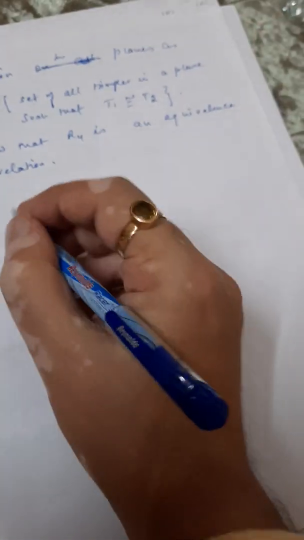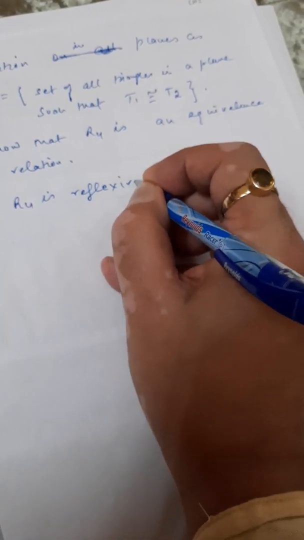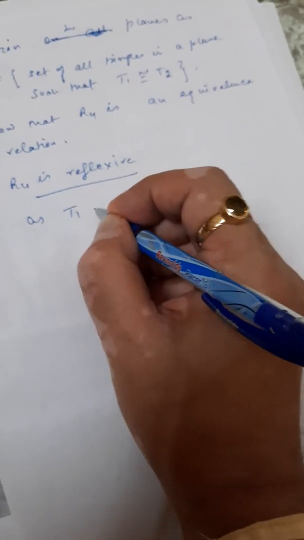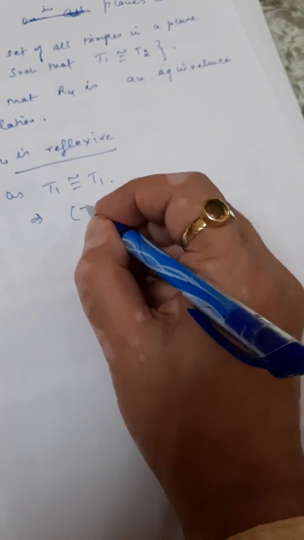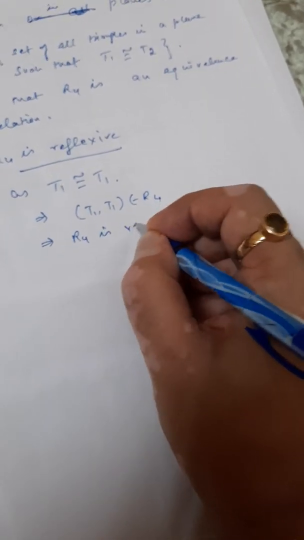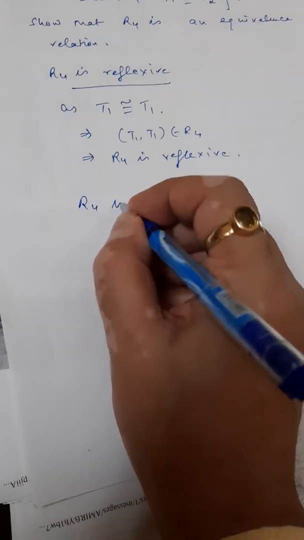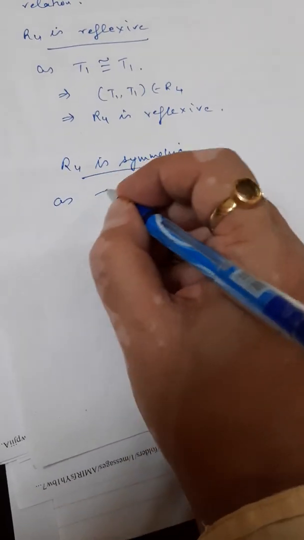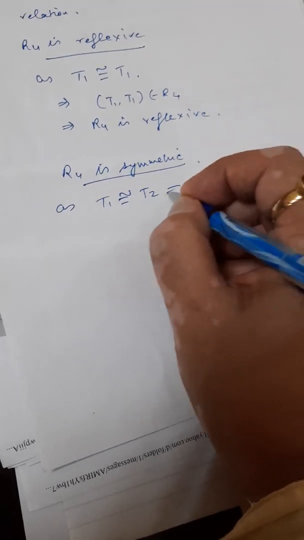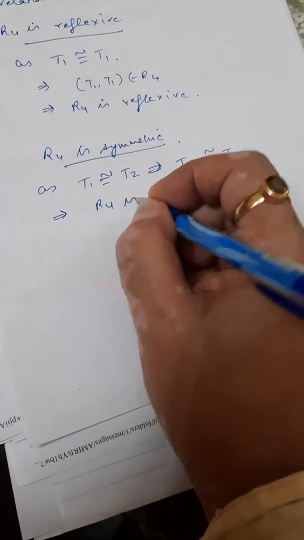Now, for showing that R4 is an equivalence relation, R4 is reflexive. How? As a triangle is congruent to itself, so (T1, T1) belongs to R4 and R4 is reflexive. R4 is symmetric as T1 is congruent to T2 implies T2 is congruent to T1. So R4 is symmetric.